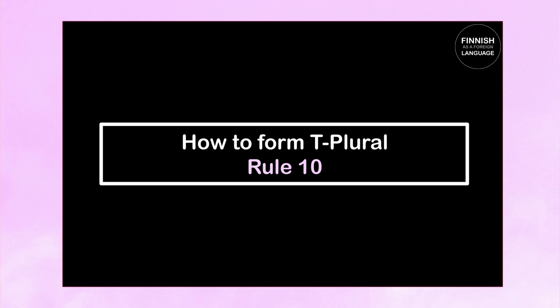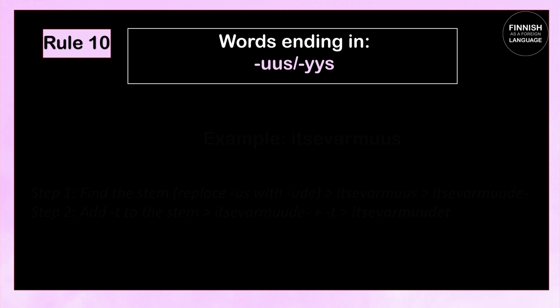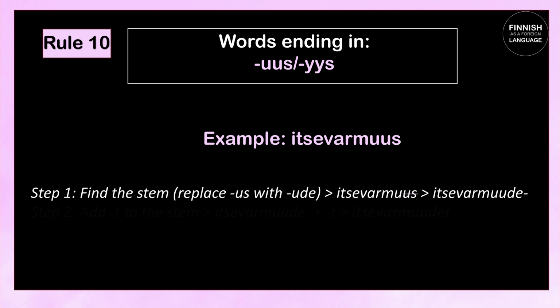Now we move on to rule number 10, words ending in uus with a double u or yys with a double y. Here's one example. Itsevarmuus, meaning self-assurance or self-confidence. In order to form the nominative plural, we have to find the stem, which means we have to replace the ending us with uda.